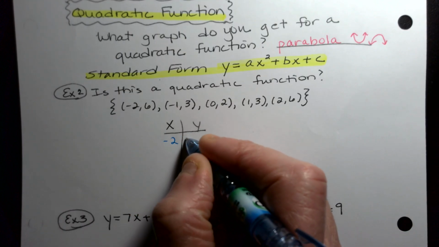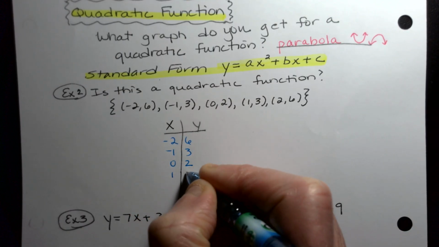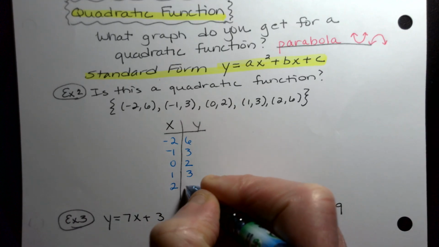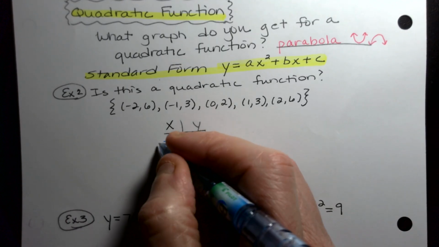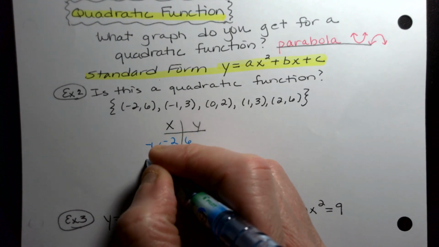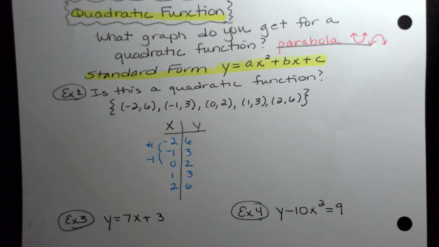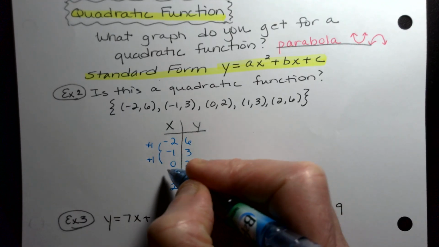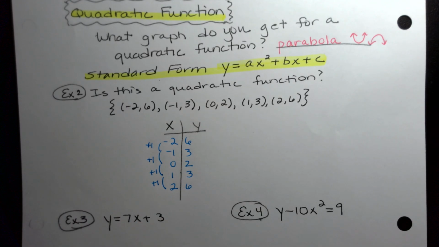So go ahead and do this with me. And then we're going to check the left side like normal. Oh, wait a minute, that's a plus 1. I'm making a mistake. From here to here is plus 1, and from here to here is plus 1, and plus 1. So check, the x's are good.